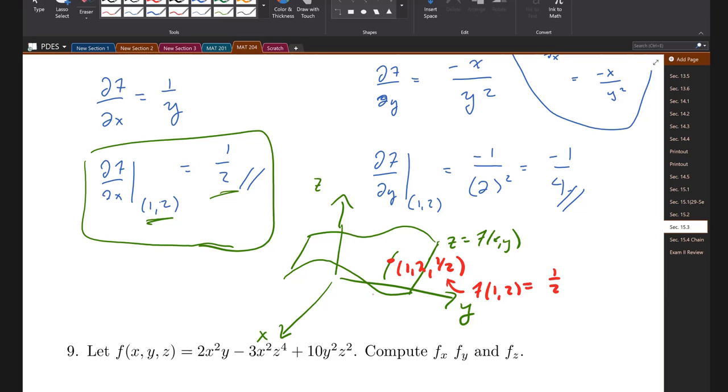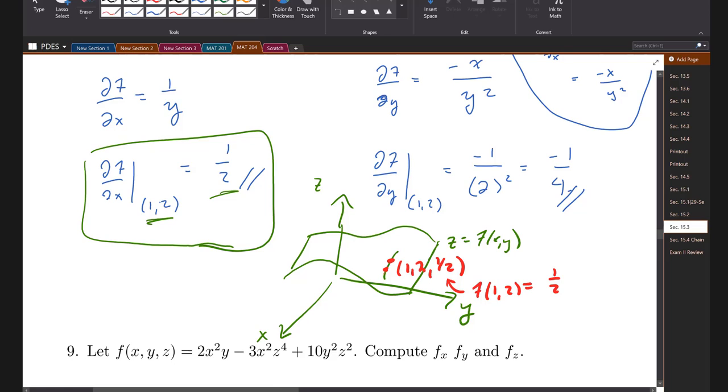So for example, I would expect this point right here to be 1 plus a little bit, comma 2, comma 1/2 plus a little bit. A different little bit. But that's a positive increase as I scoot it over. That's only as I go along the x direction there.